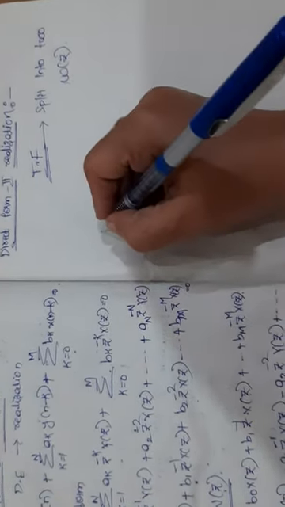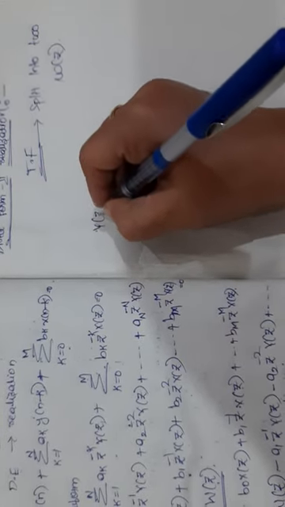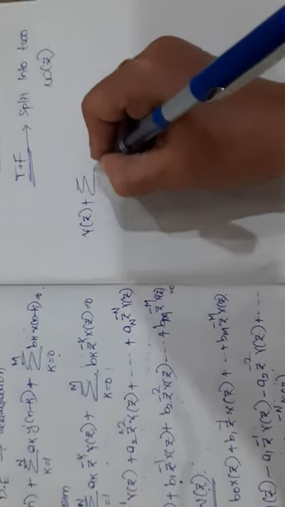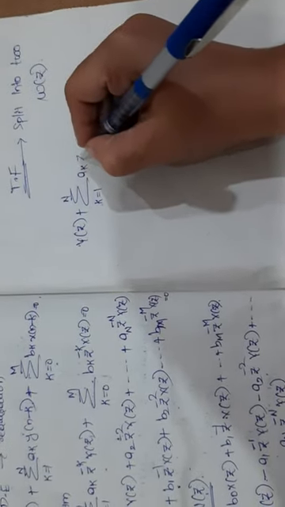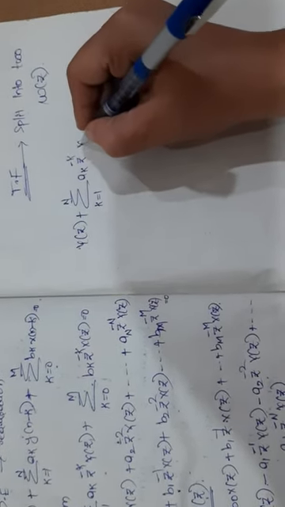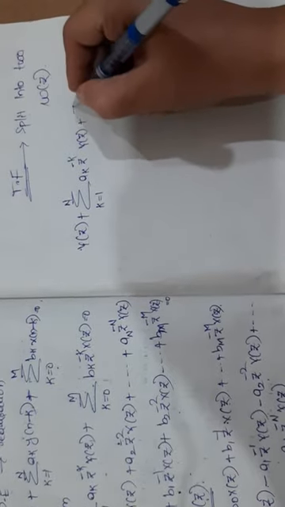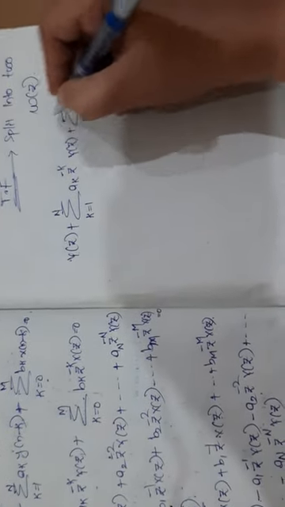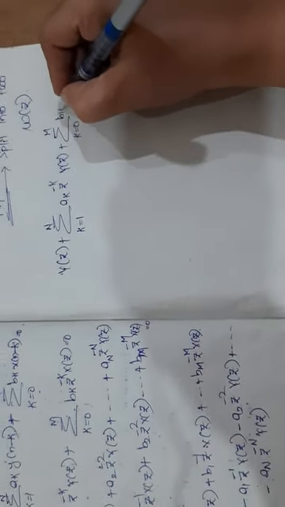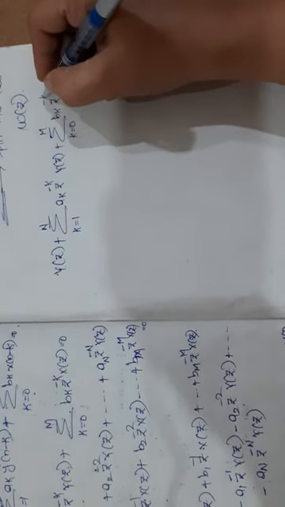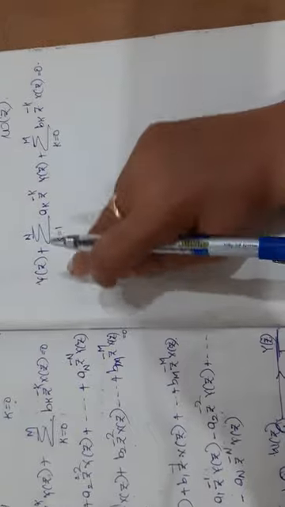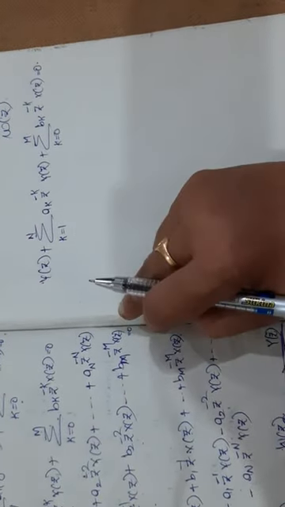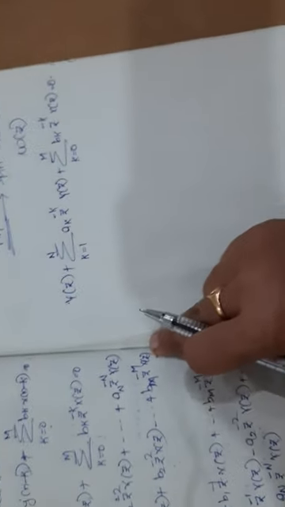So already we know the equation Y of Z plus summation k equal to 1 to N, ak Z power minus k Y of Z, plus summation k equal to 0 to M, bk Z power minus k X of Z, equal to 0. You can see this equation in the direct form 1 realization technique.